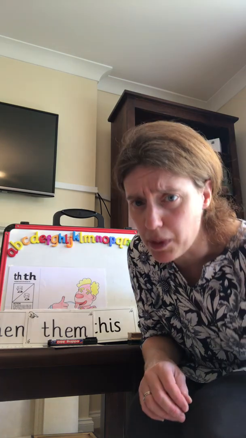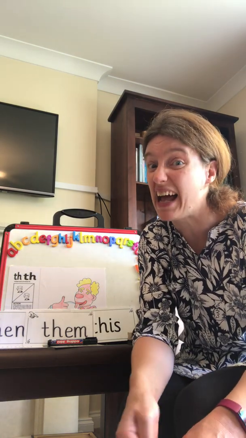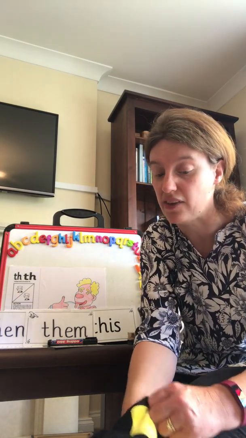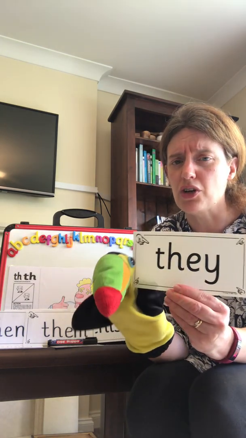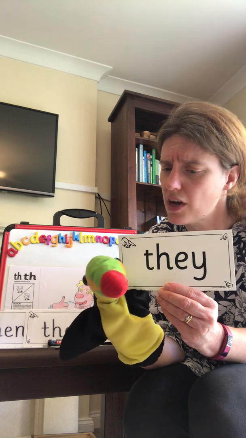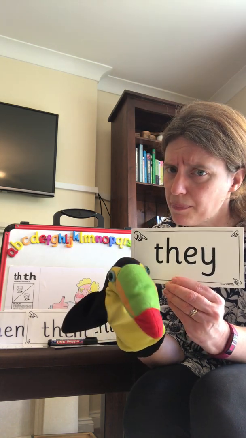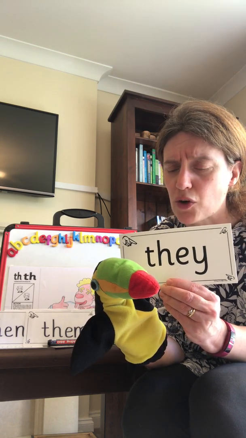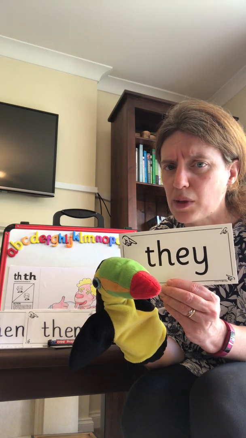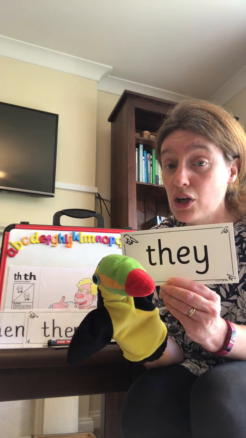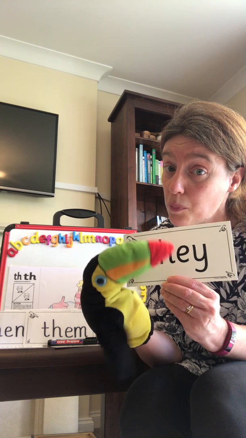Let's have a look at this one because Tricky Toucan wants to help us with this one because we can't sound it out. Here he is. Now Tricky Toucan, are the boys and girls going to find this quite tricky? I think they've been doing phonics for quite a while now, so I think it's going to be an easy one to remember. Can we sound this out?